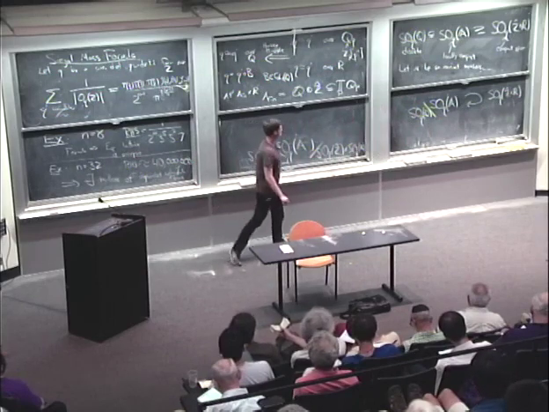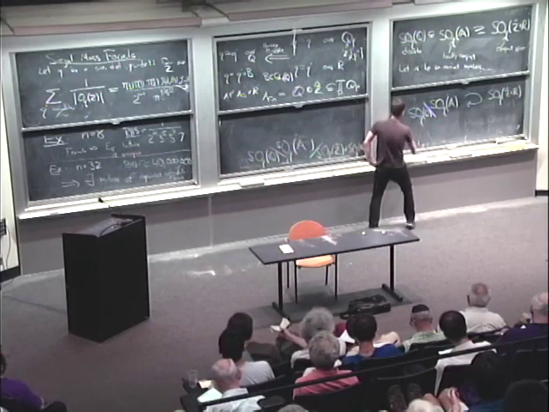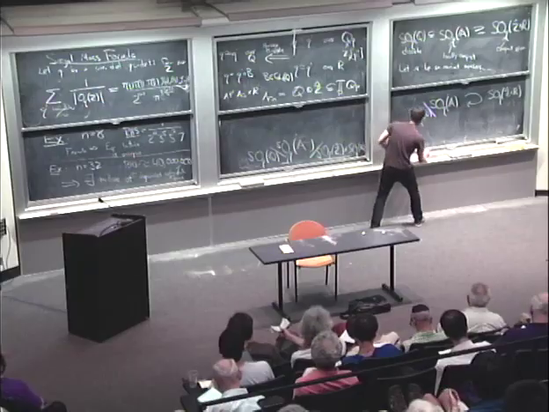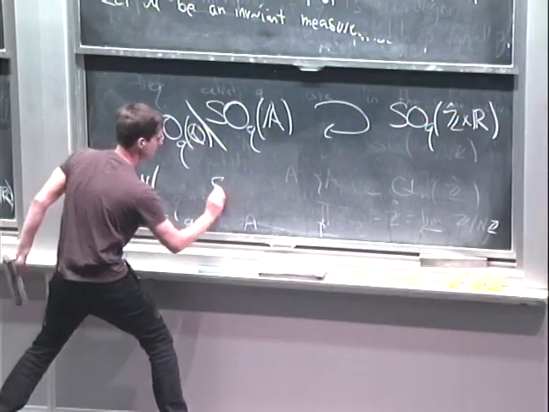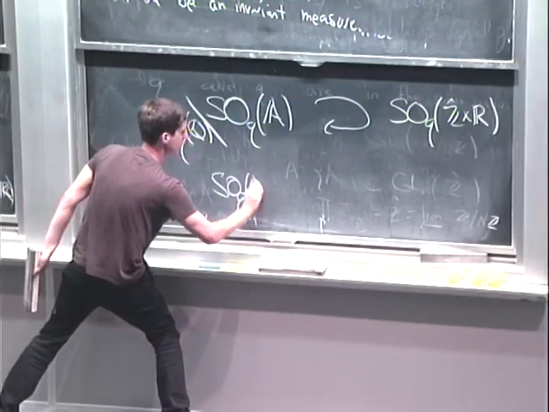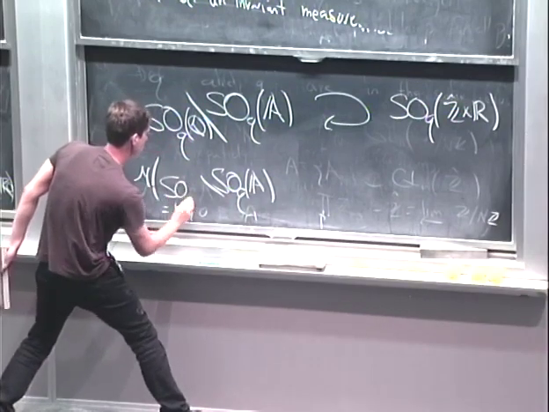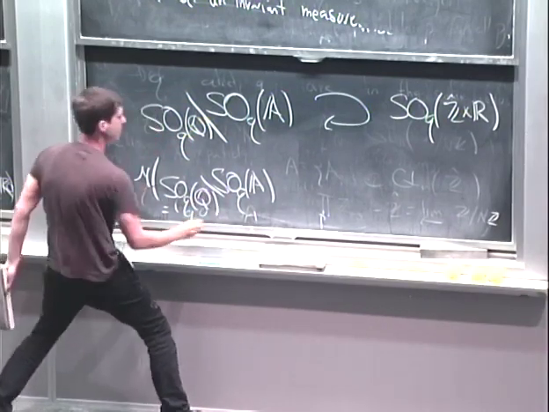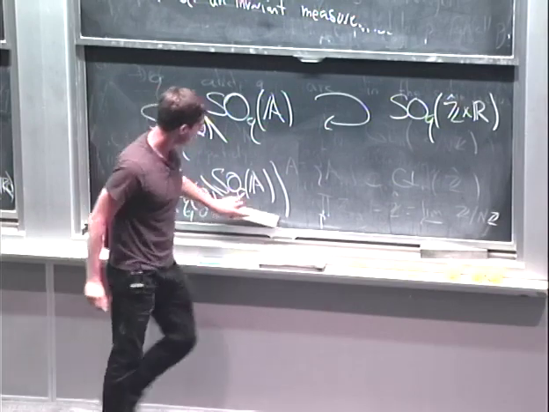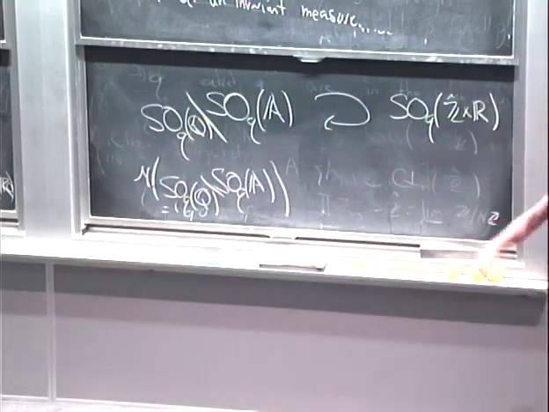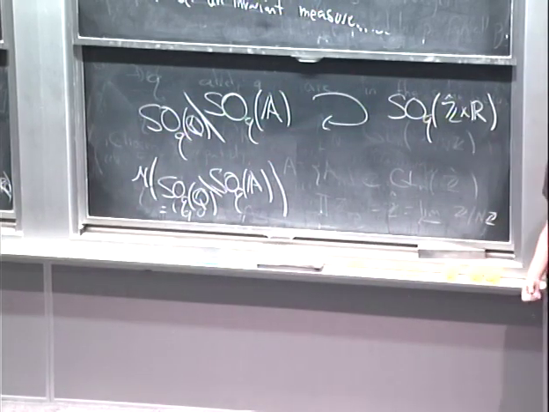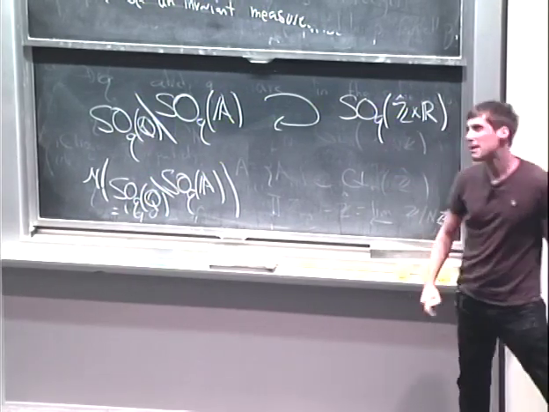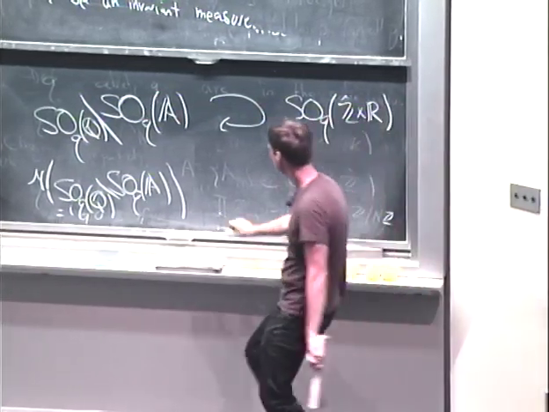So we can ask, what's the measure of this quotient, SO_Q of the adeles modulo SO_Q of Q? And roughly speaking, it's the number of cosets times the measure of this group that's acting. Now that's not quite right because this group doesn't act freely.